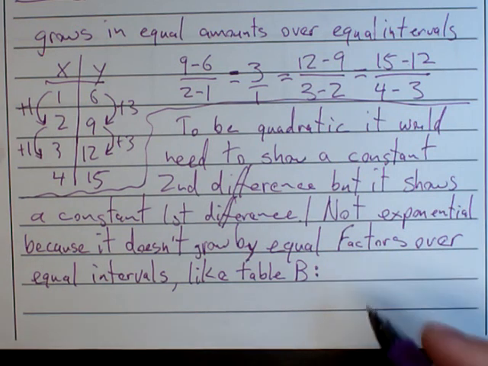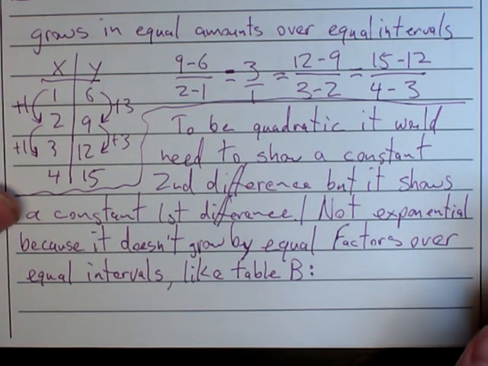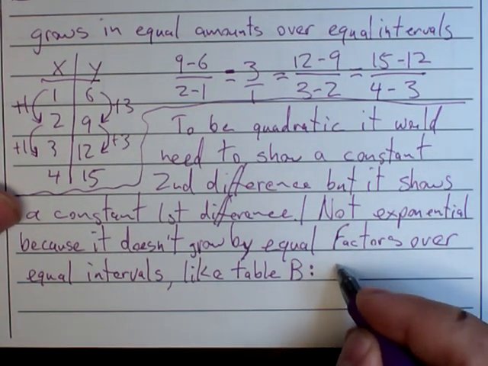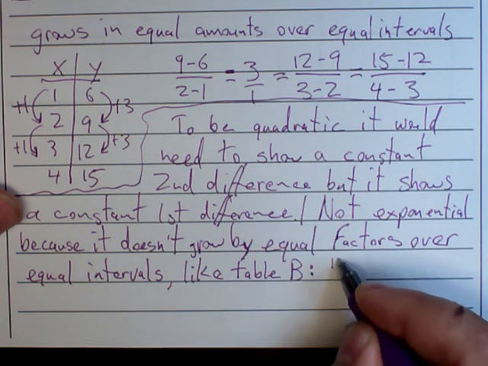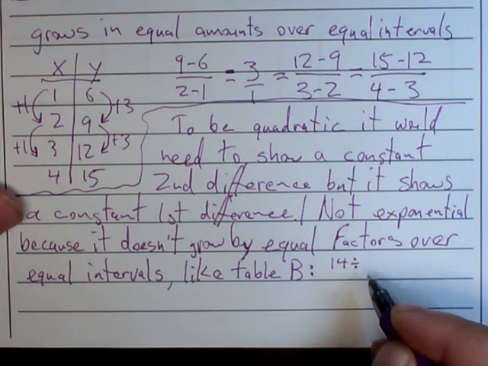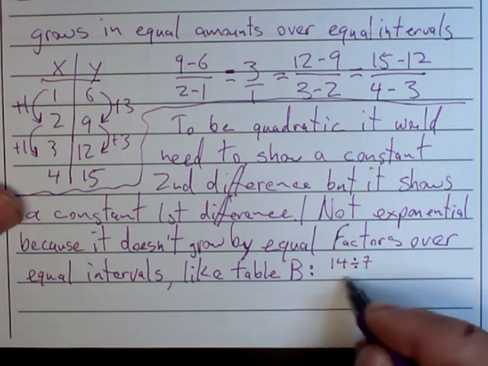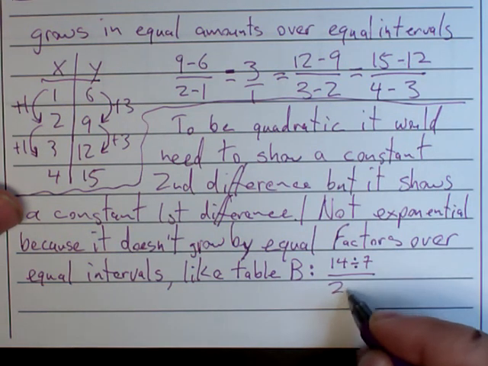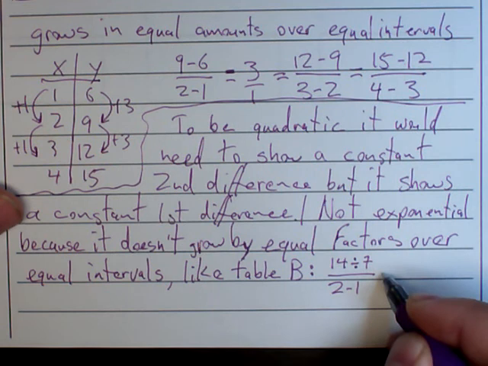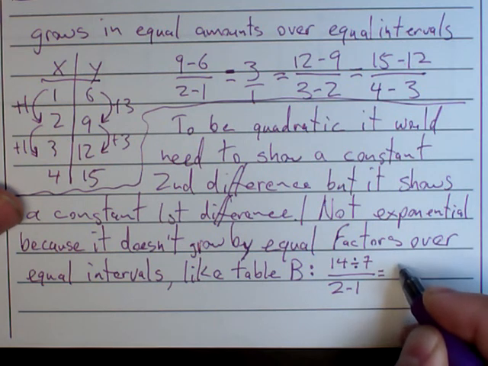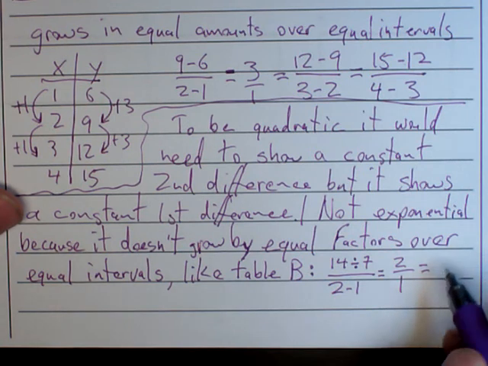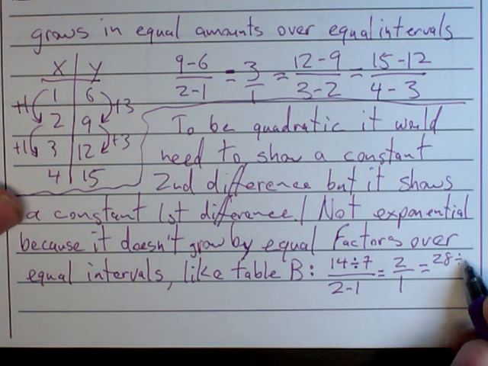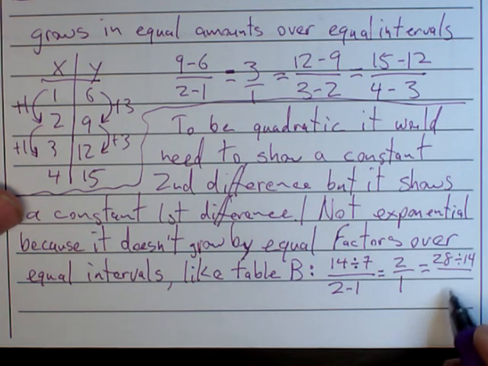So for example, if we have 14 divided by 7 over 2 minus 1 equal to 2 over 1, which is also equal to 28 divided by 14 over 3 minus 2.